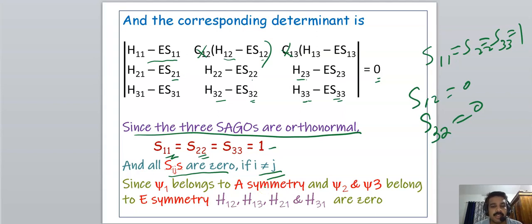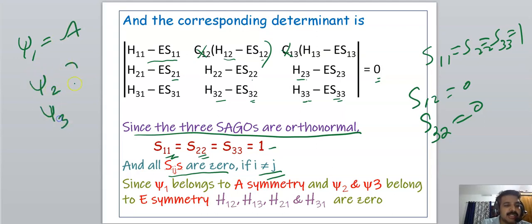Then another important point: we know that the wave function psi 1 belongs to A symmetry, and wave functions psi 2 and psi 3 belong to E symmetry.